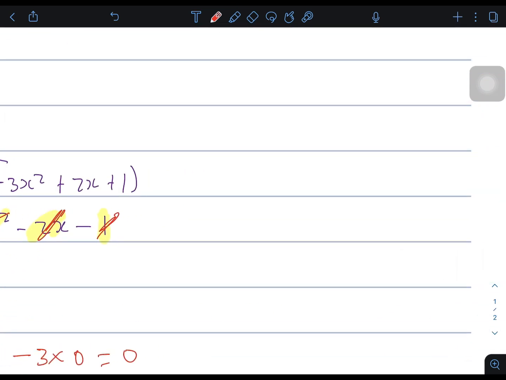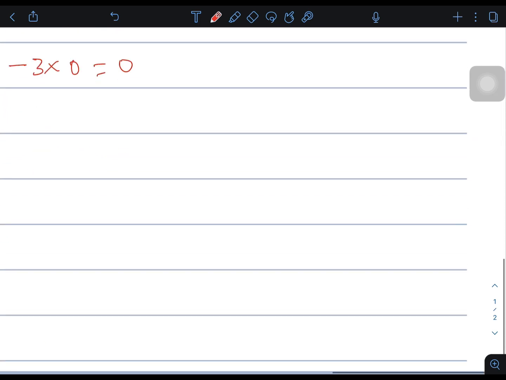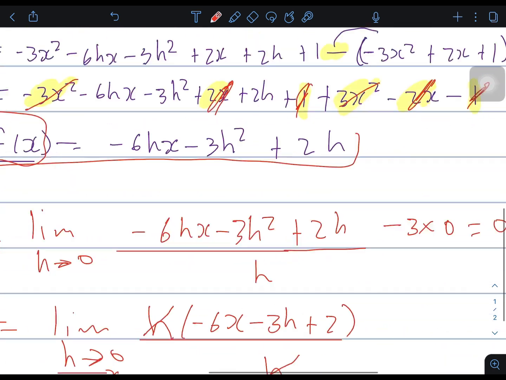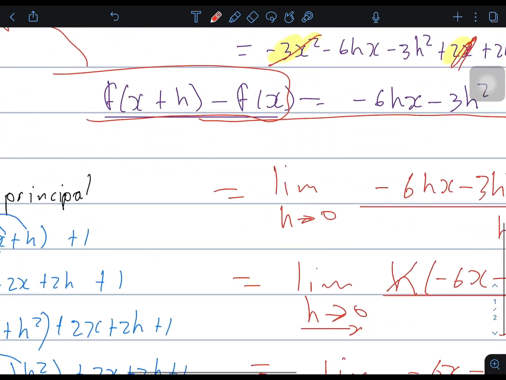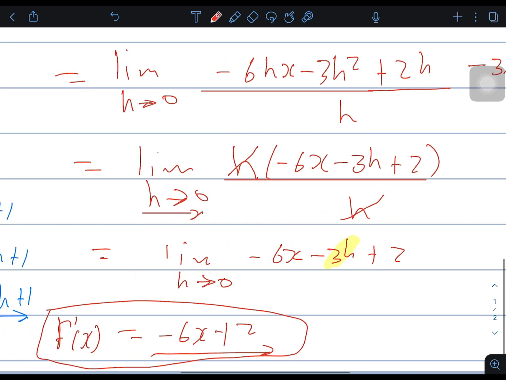See, for example, in this question they say, okay, remember I said if we want to find the gradient at any point, we use what? The first derivative of a function. We used the first principle to get a first derivative, which is negative 6x plus 2.